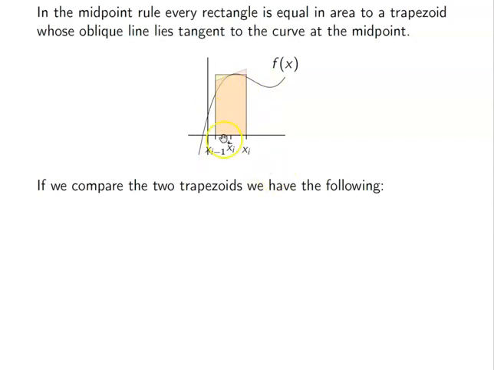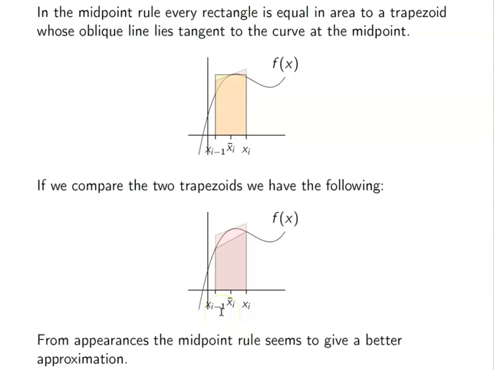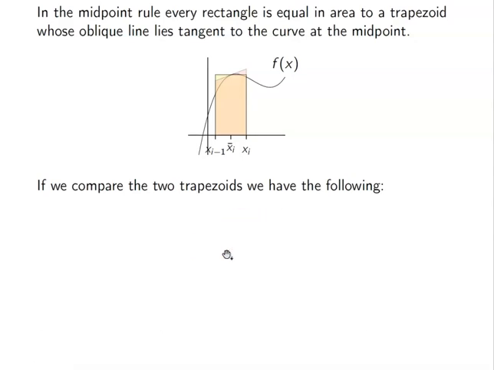I'm saying that they're equal, but in math I can't just say something, I have to verify that it's true. So if we compare the two trapezoids, this is my trapezoid, and this is the trapezoid that has equal area to the midpoint formula. As you can see, one is an underestimate and one is an overestimate, but if we compare them, the midpoint rule area seems to be a better approximation.